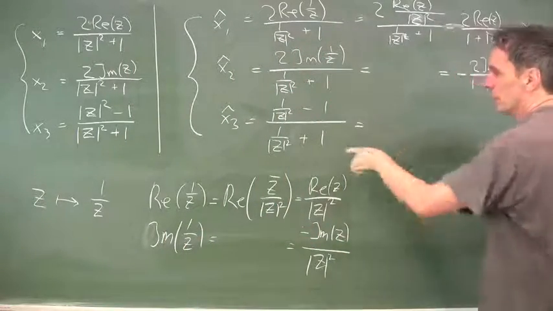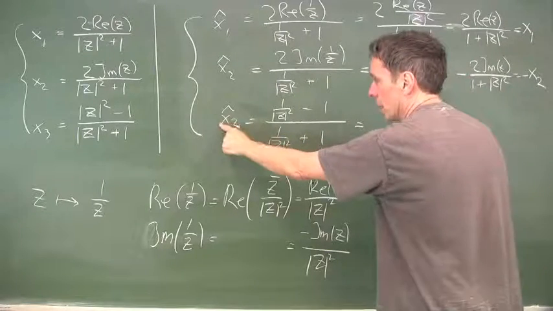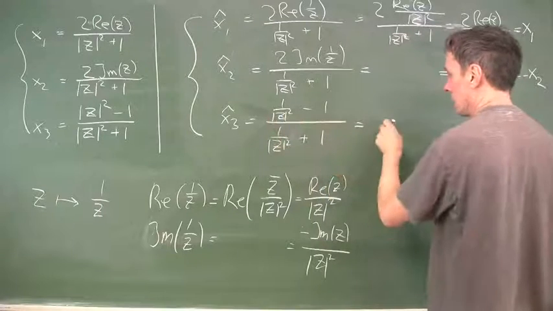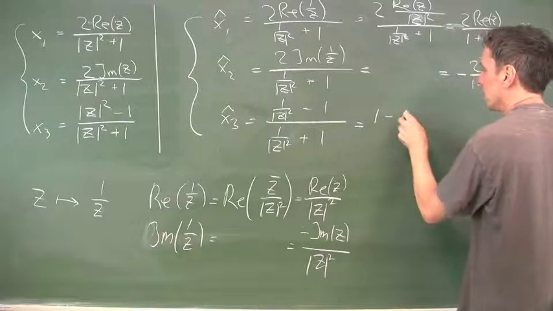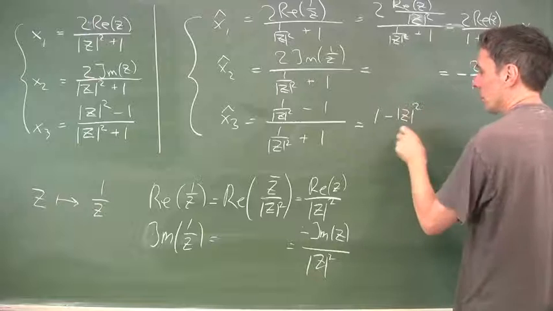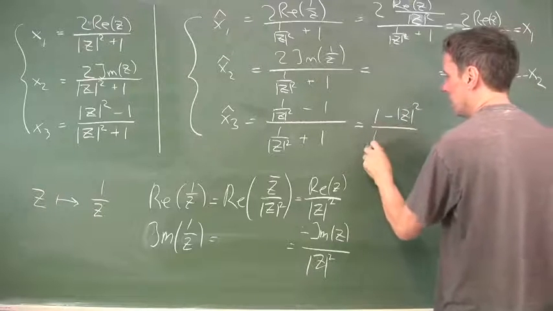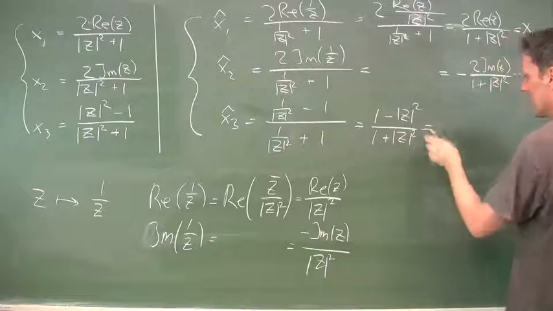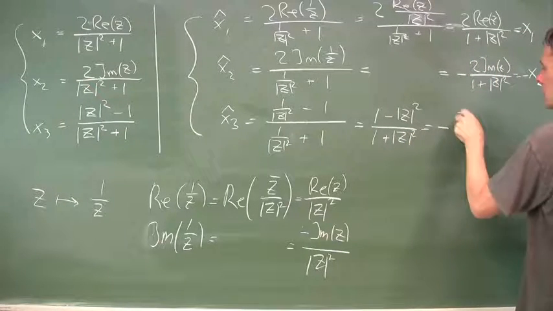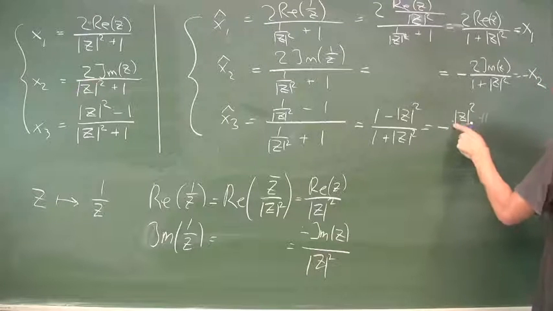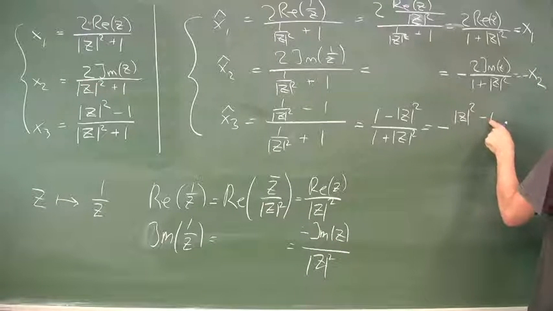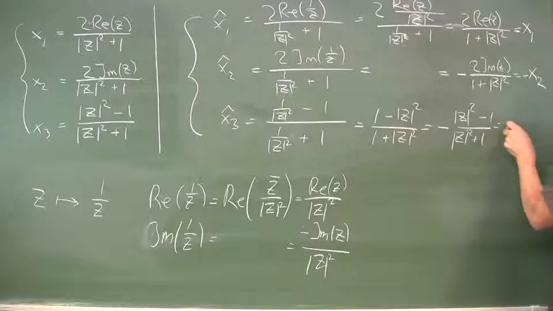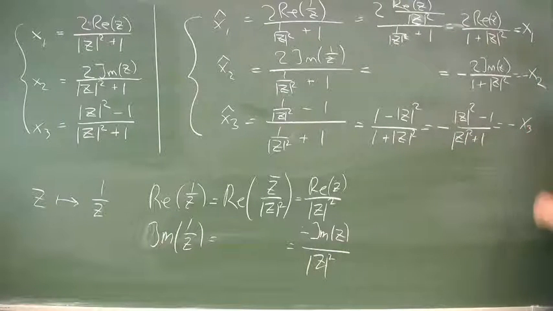And if we take the third coordinate here, we see if you just multiply by z absolute value squared, we get 1 minus z absolute value squared divided by 1 plus z absolute value squared, which is then equal to minus z absolute value squared minus 1 divided by the same thing with a plus sign, which is then equal to minus x3.